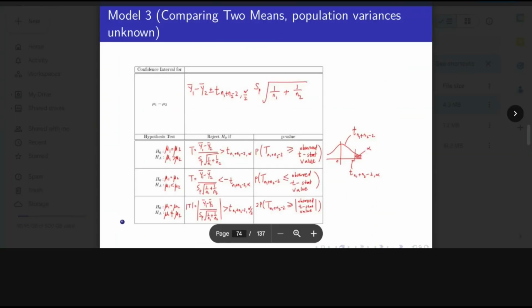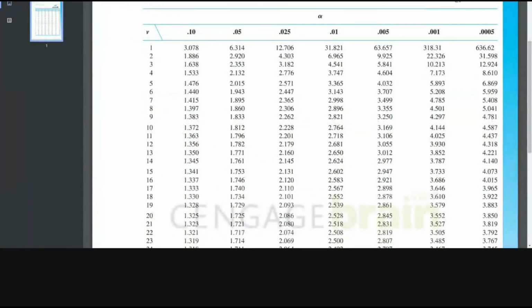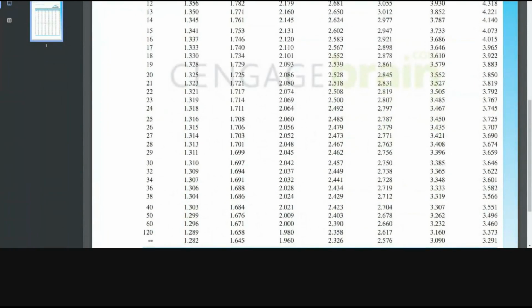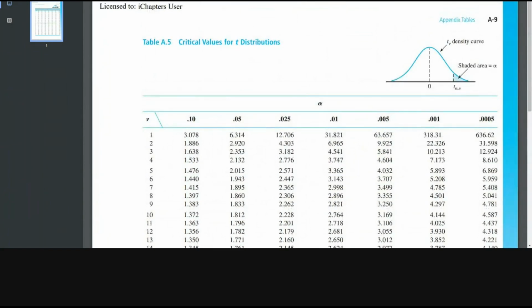So how do you find the critical value? If I pick the famous 5%, and then your n1 plus n2 minus 2 is, let's say, 40, and your alpha that you pick is 5%. Go to this table and go to 40 degrees of freedom, which is here. Then you check, where is the 5% point?